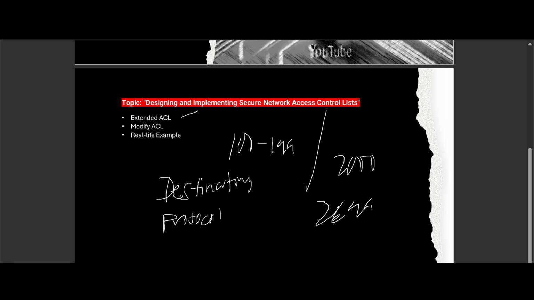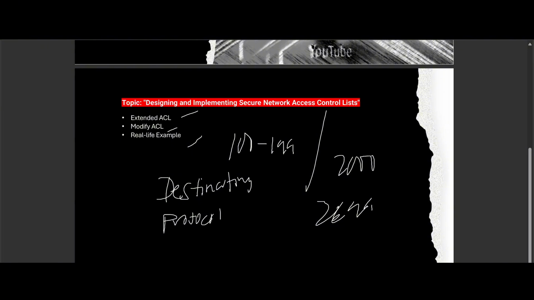Also part of our discussion today, we're going to modify ACL. Let's say maybe we forget something in the middle, how are we going to modify it? And of course, a real life example, our lab would be based on a real setup for a specific server, what extended ACL is really used for.